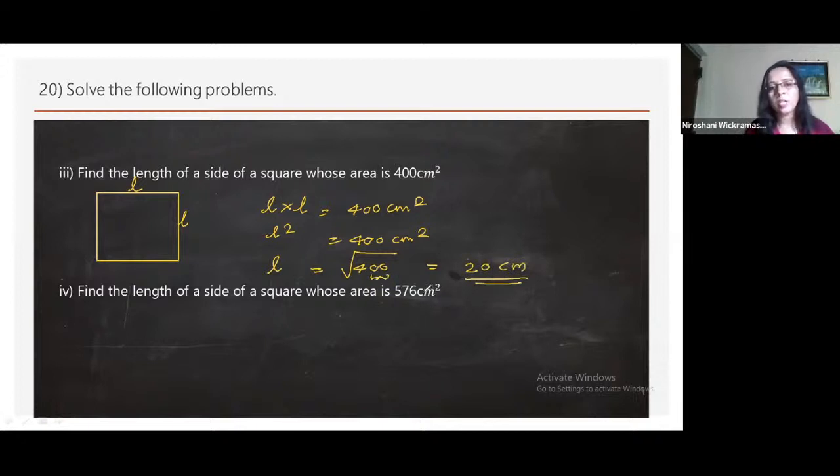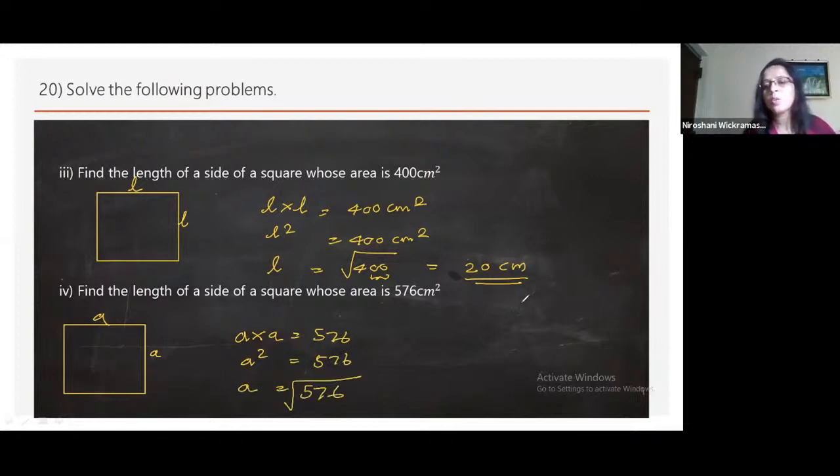The length of a side of a square whose area is 576 square centimeters. I just take the side length of the square as A. A into A is 576. A squared is 576. A is the square root of 576. So by the prime factorization method, 576 first divided by the smallest prime number 2 gives 288.